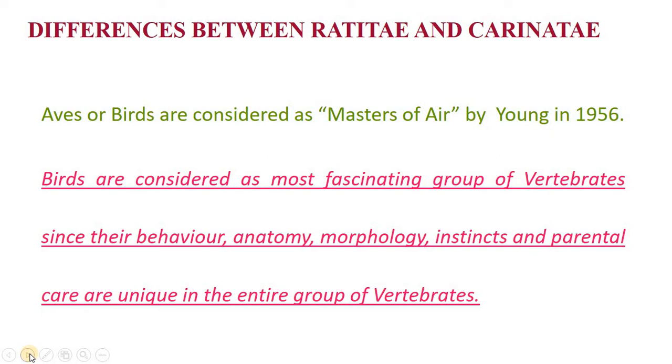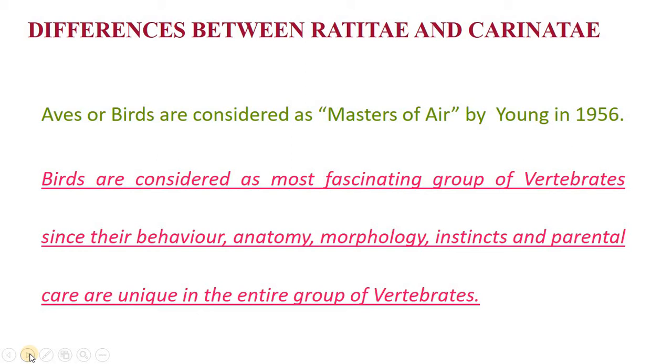Now, the birds are the most fascinating group of vertebrates with reference to the behavior, anatomy, morphology, instincts and parental care. Now, when you refer to the behavior, we find so many types of behavior in the case of the birds.